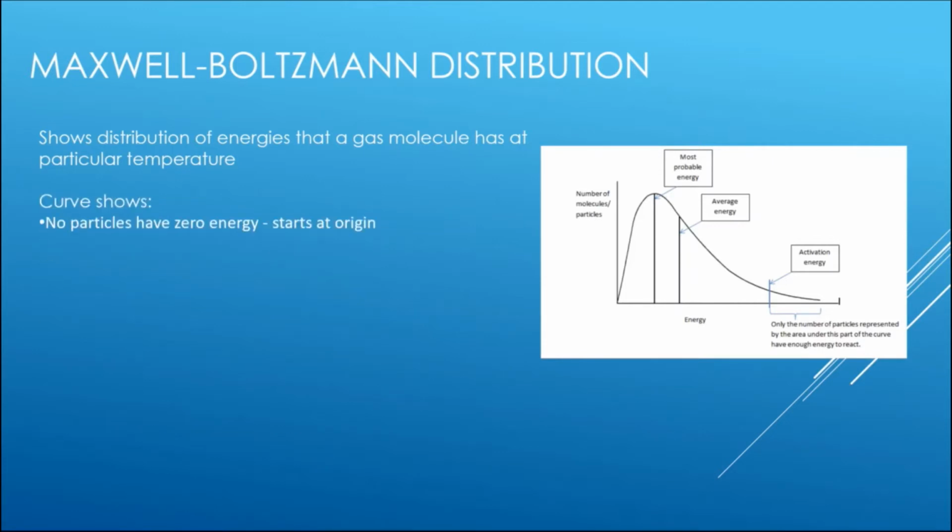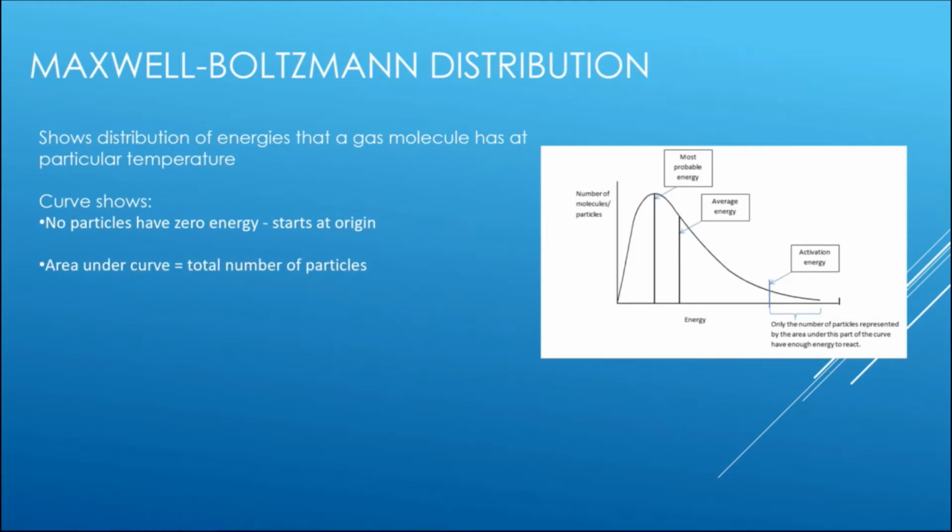The curve shows that no particles have zero energy. So you might be asked, why does the graph not start at zero? From the origin, you would say that because no particles have zero energy, particles have to have some kind of energy to be able to move around.